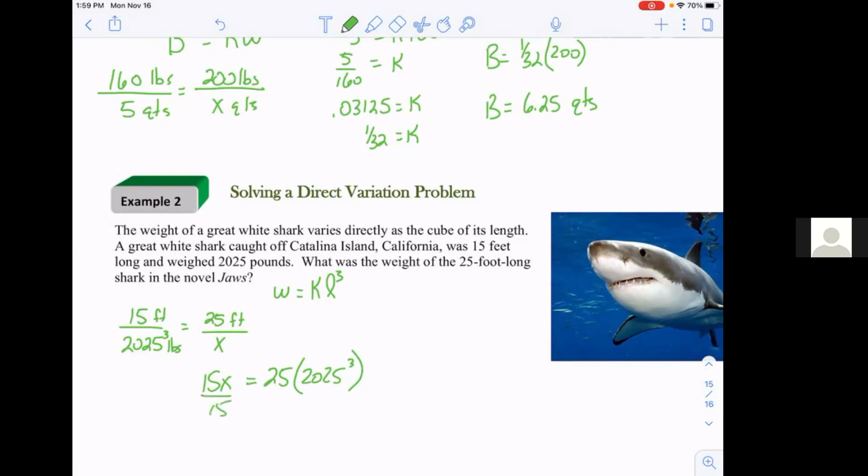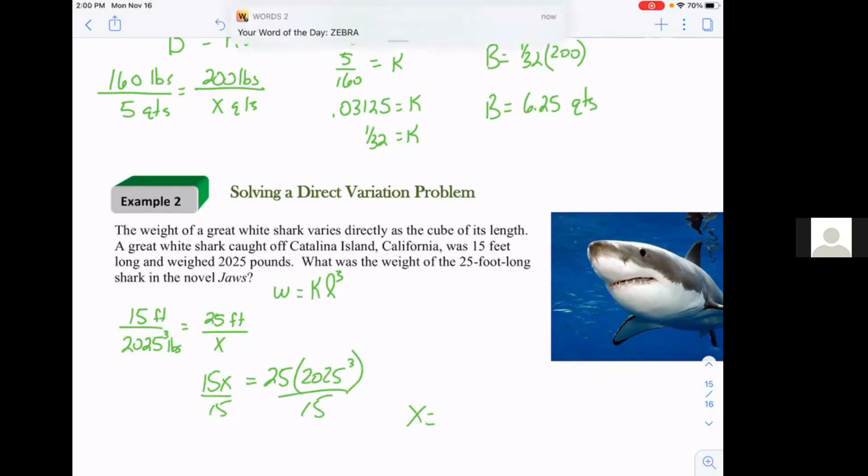So we're going to divide by 15 and divide by 15, and we're going to find out that the Jaws shark weighed, holy moly.